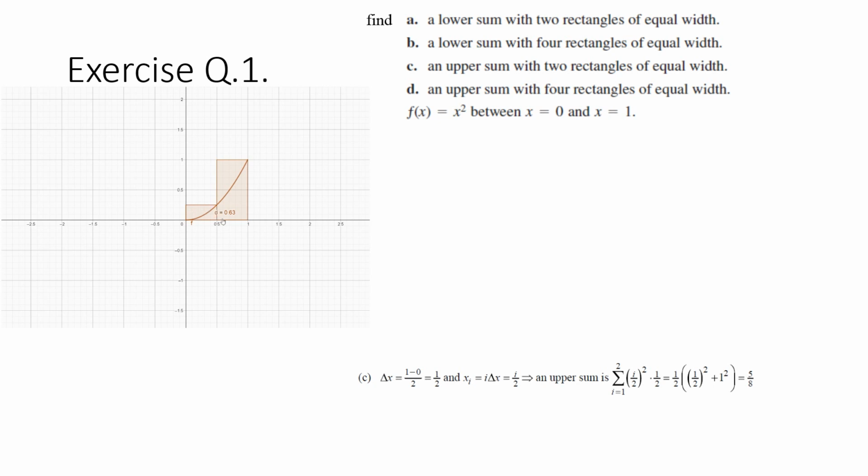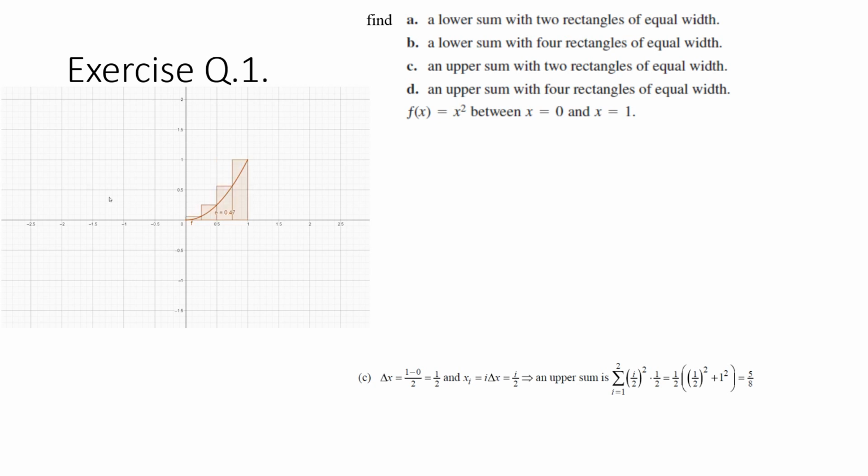Similarly, for this interval, the highest value of the function is this, and this is chosen to draw the rectangle. So the approximate area under the curve using upper sum with two rectangles is 0.63.